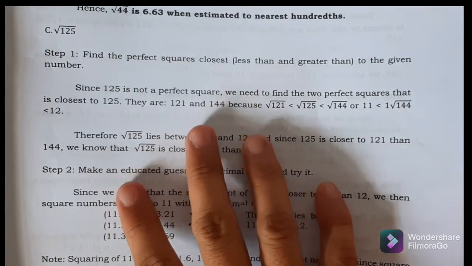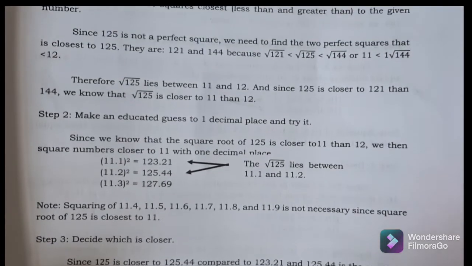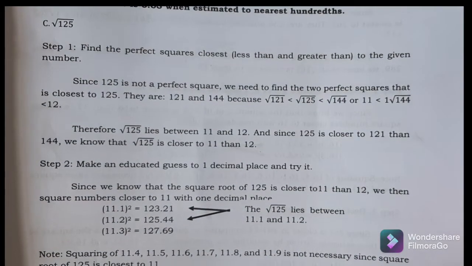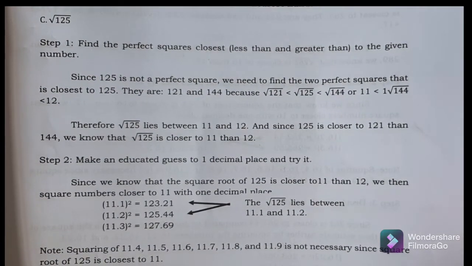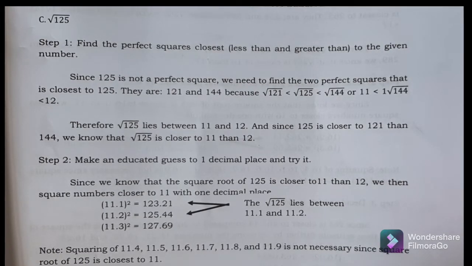We have also here step 1, step 2, up to step 3. Yan. Try to read the solution. Then you may also try first it sa inyong sarili. And then after that, kapag nasagutan nyo na, then you may try to refer in this video kung tama ba yung nakuha ninyong sagot.